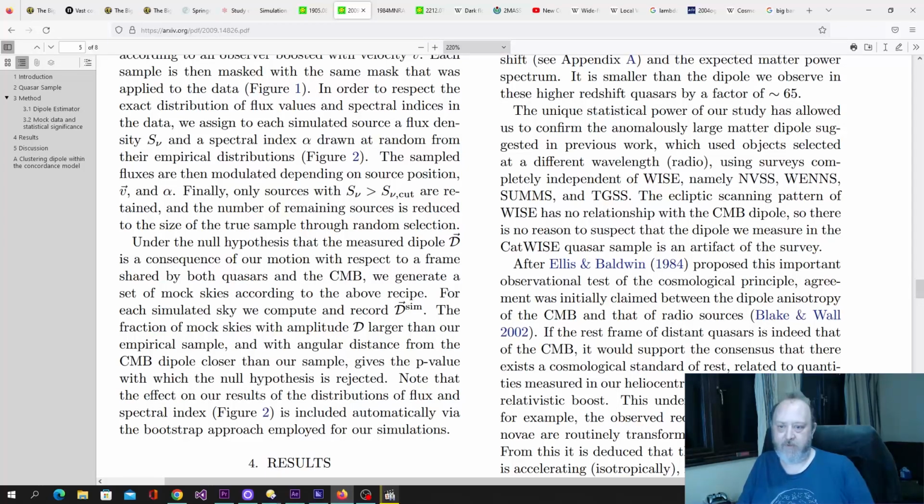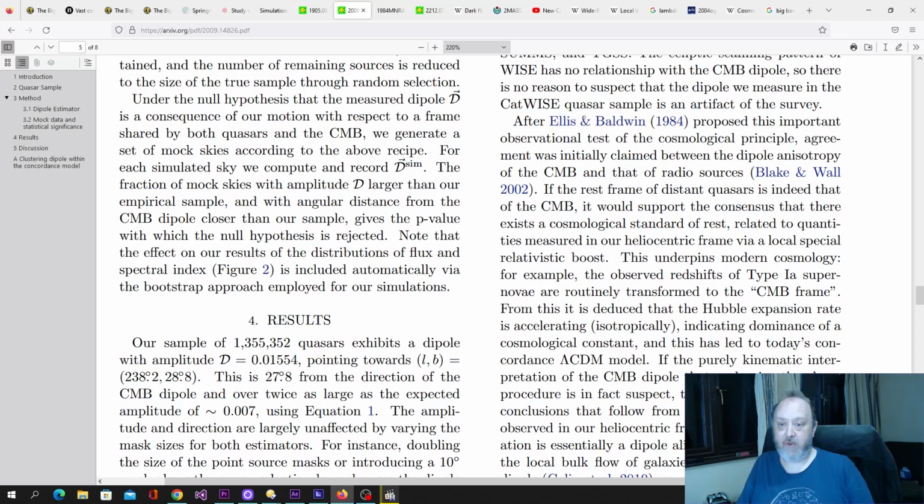So I presume other astrophysical, astronomical surveys and observations. The ecliptic scanning pattern of WISE has no relationship with the CMB dipole, so there is no reason to suspect that the dipole we measure in the CatWISE quasar sample is an artifact of the survey.